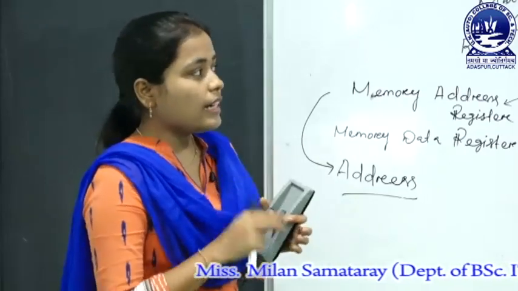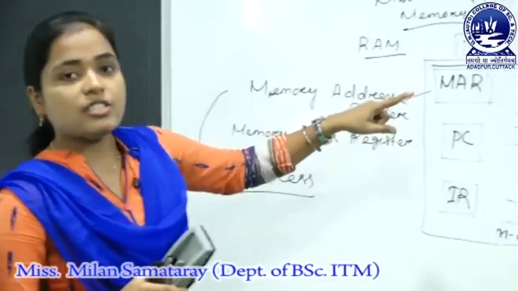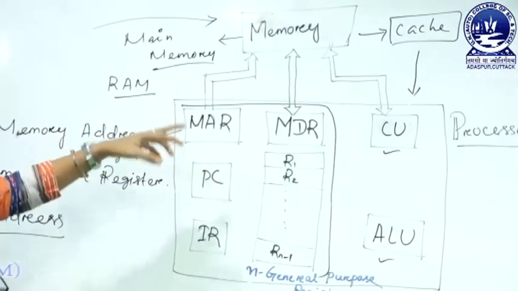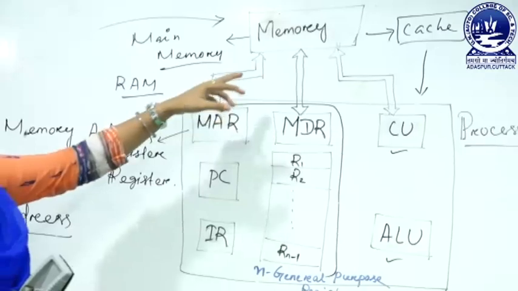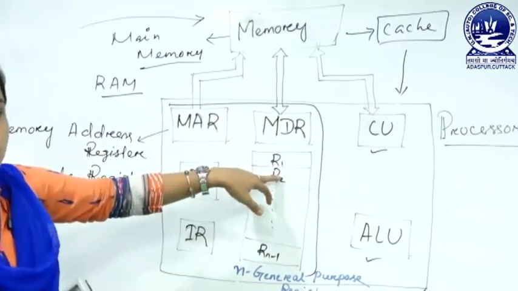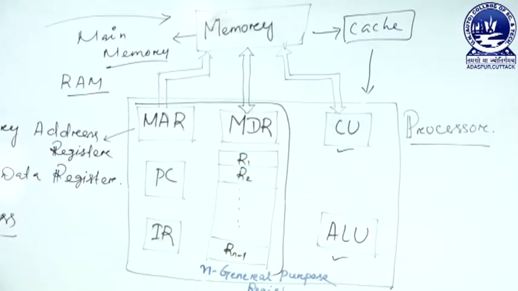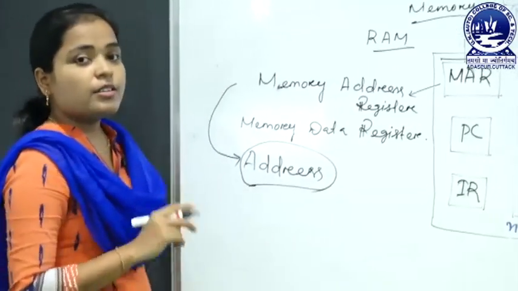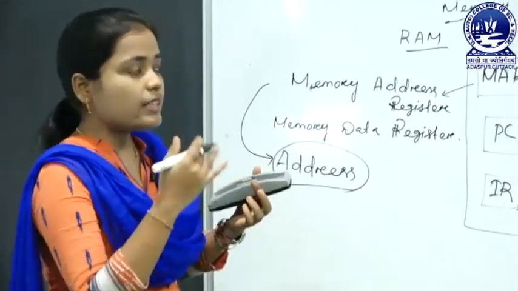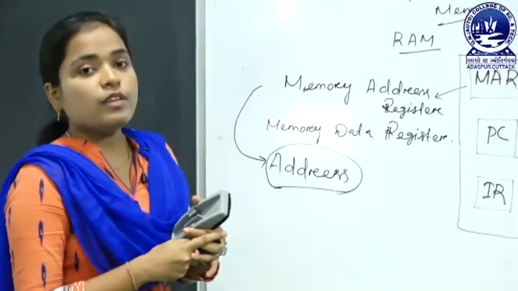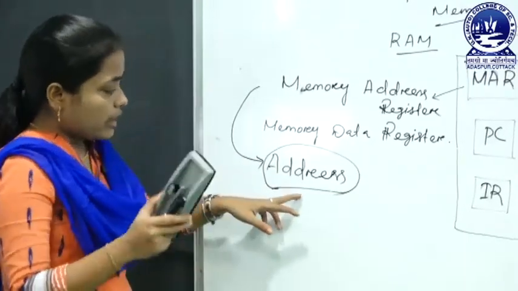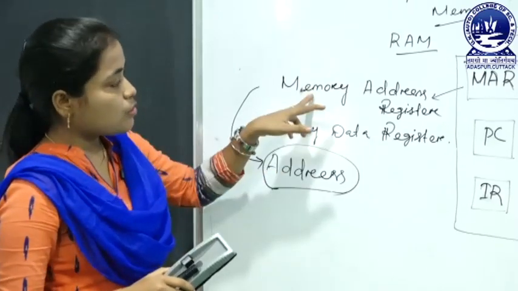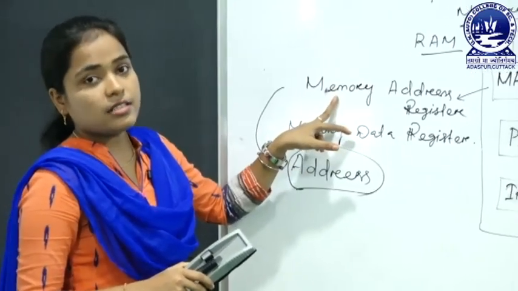So we have to fetch one instruction at a time from the memory to the processor. For fetching this instruction we need the memory location where it is stored, so we need the address. That address will be stored in the memory address register.